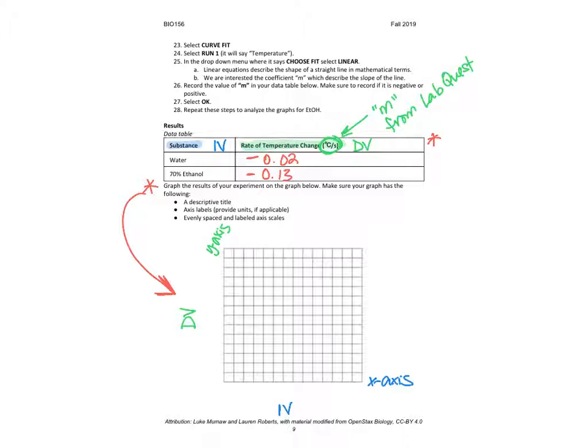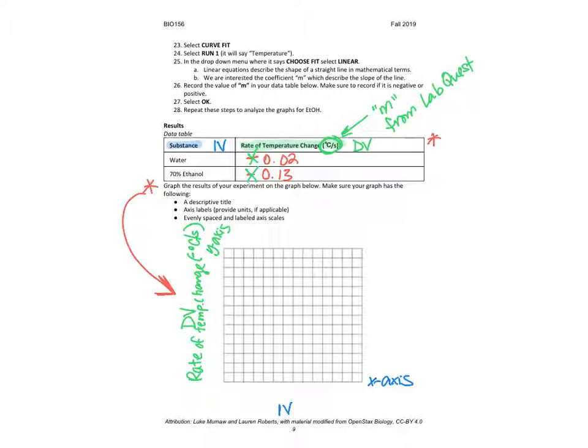So when labeling your y-axis, you would put rate of temperature change. We'll add a negative sign before the units, so negative degrees Celsius per second. That means we can ignore this negative sign when graphing and just graph it as if it's a positive.